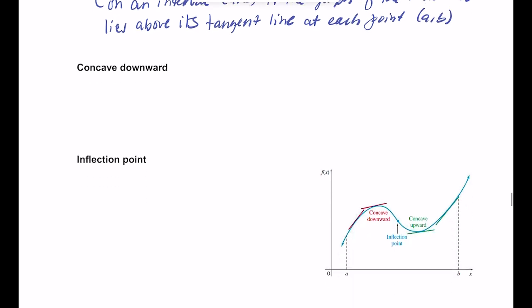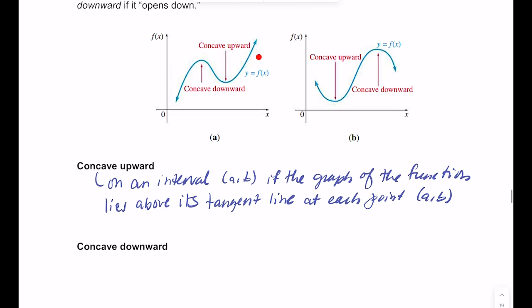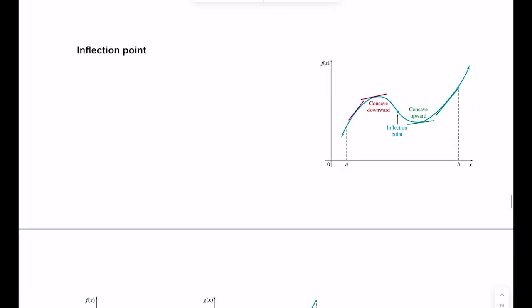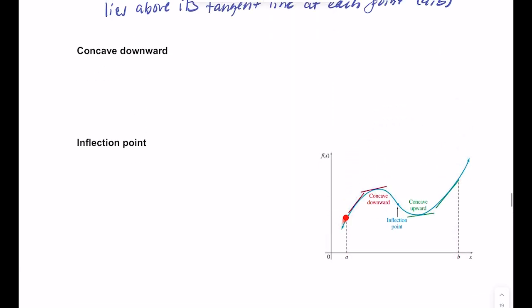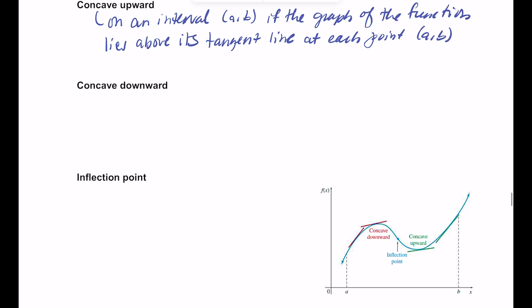Okay, so you can see here, right? I'm going to take this graph here, and we're looking at upward. So right here, it's upward, right? And we can see that the graph of the function lies above the tangent line.